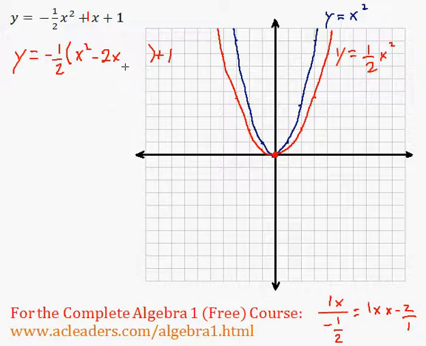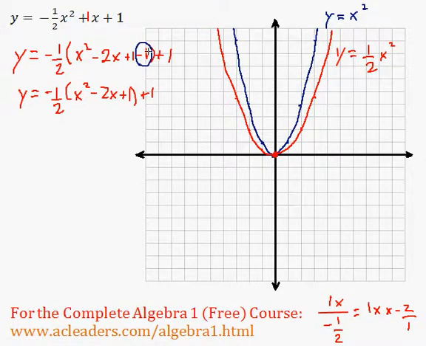Negative 1 times negative half is positive half. And we always need to multiply this number by the number in front of the whole thing once we take it out of the brackets. And now we can just combine everything. So we have y equals negative half x minus 1 squared, and that is the factored form of x squared minus 2x plus 1.